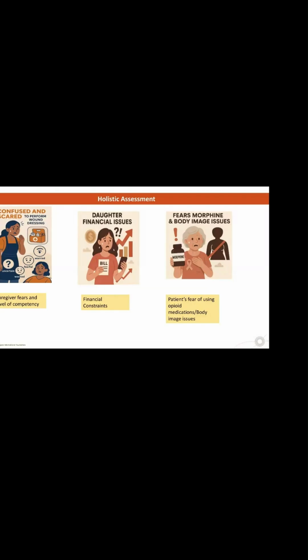Because a 16-year-old girl's coping level is different compared to a 40-year-old's, so coping level strategy is also very important. Then financial issues can be solved with the help of NGOs or nearby volunteers. Then fear of morphine, body image issues.